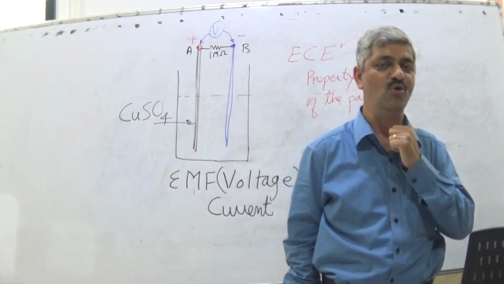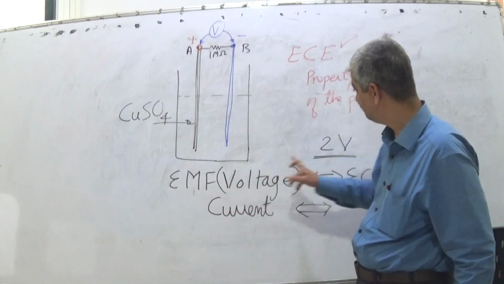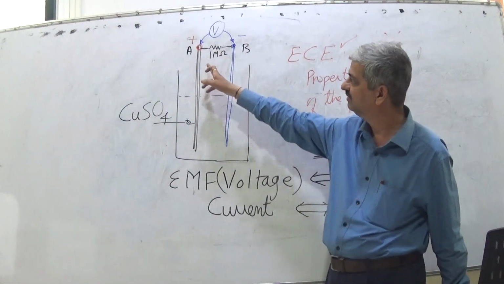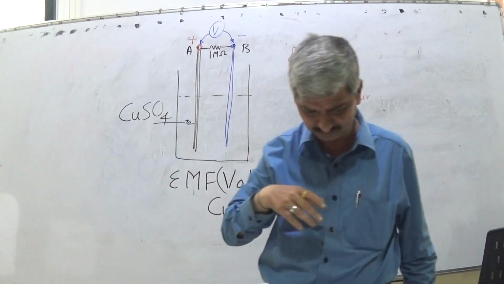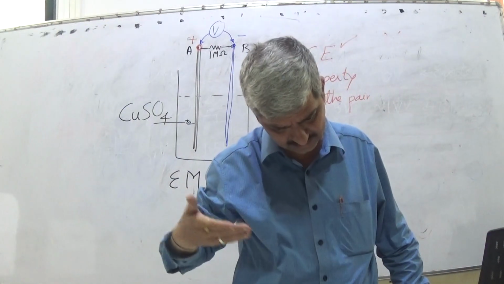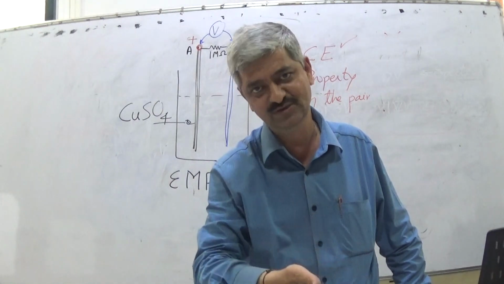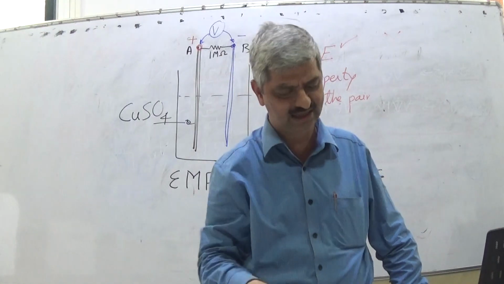An extremely important question. EMF is a property of the pair electrode-electrolyte. This and this. You can have any combination. The electrolyte can be acid also. Then you can have hydrochloric acid, zinc, and many options there are.